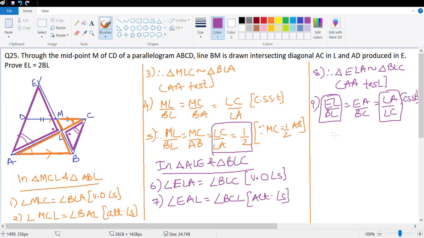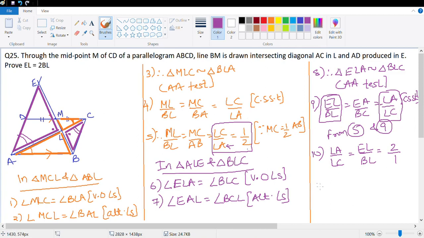Okay, so from 5 and 9 we get point number 10, which is LA upon LC, which is equal to EL upon BL, which should be equal to 2 upon 1, because here LA is in the top, here LA is in the denominator. So we are taking the reciprocal basically. So this is 2 upon 1.